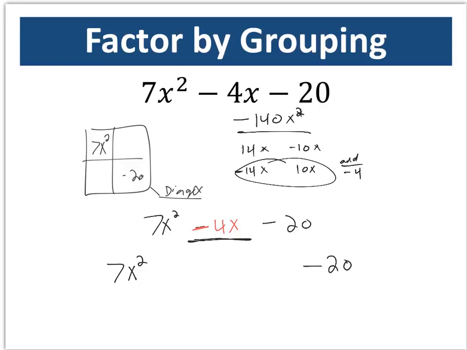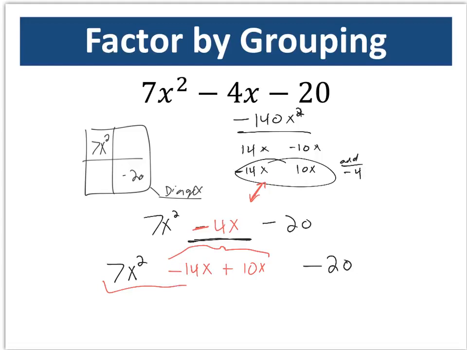But instead of writing negative 4x, I know that negative 14x plus 10x is equal to negative 4x. And you can see that negative 14x plus 10x is negative 4x. It's just written in a more complicated way.